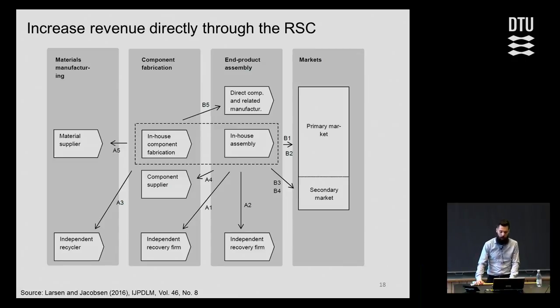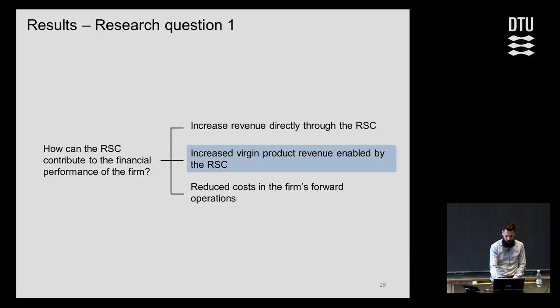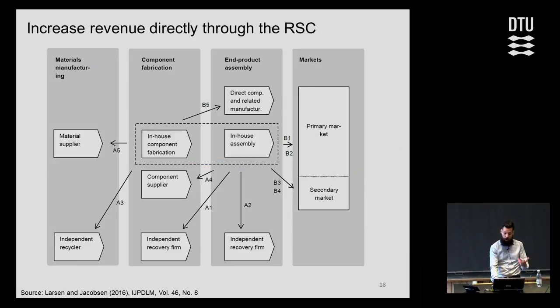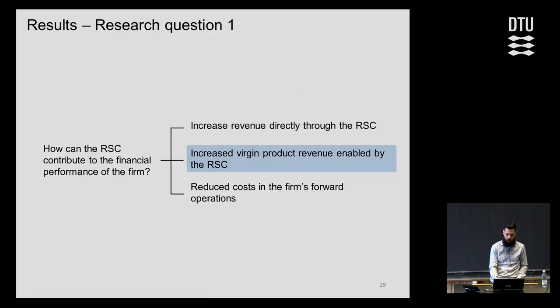The A arrows have to do with selling off items that have not been recovered, for example, to independent recovery firms, or to original suppliers, or to material suppliers. So these are the ways I have found that the firm can increase its revenue directly through the reverse supply chain.